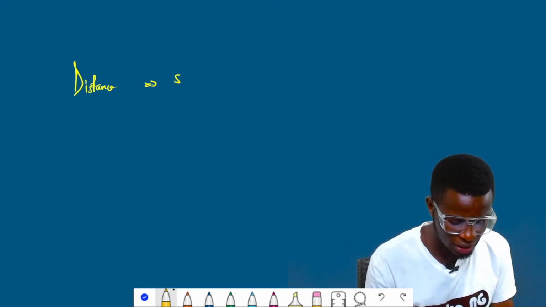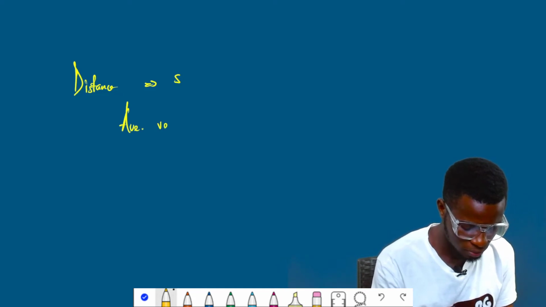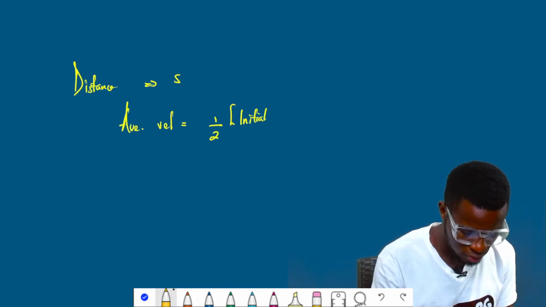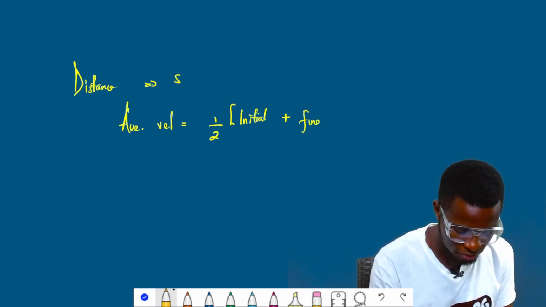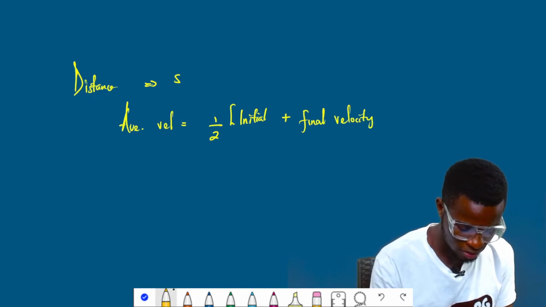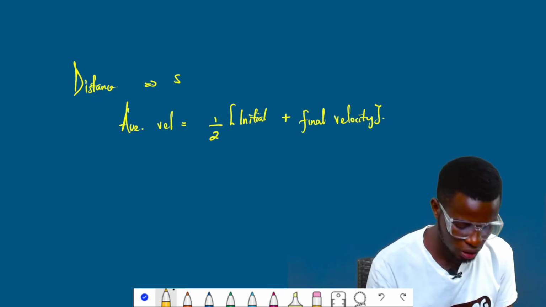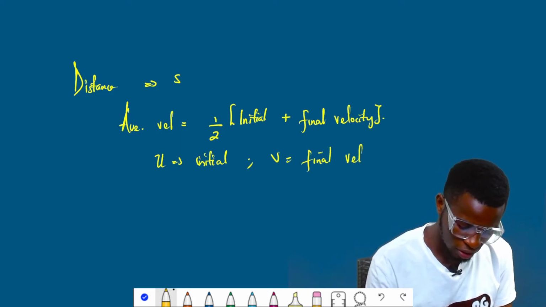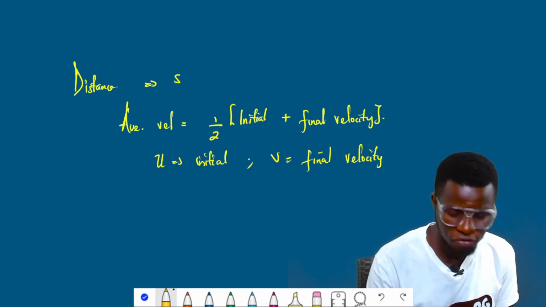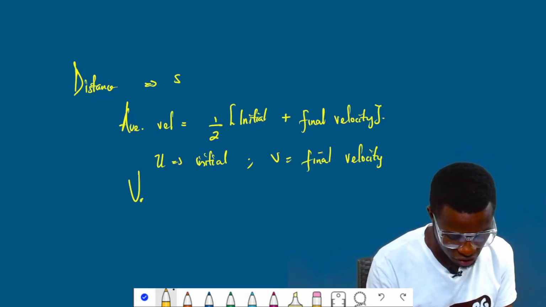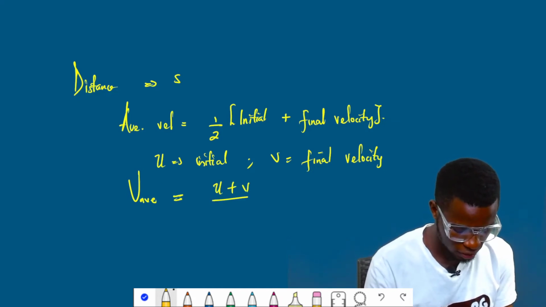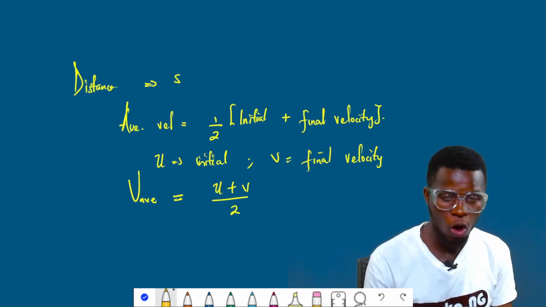So therefore we can say that average velocity is equal to half of the initial plus the final velocity. Okay, where initial velocity is u and v is the final velocity. So average velocity, let's call it v average, is equal to u plus v all over 2. Okay, u plus v all over 2.